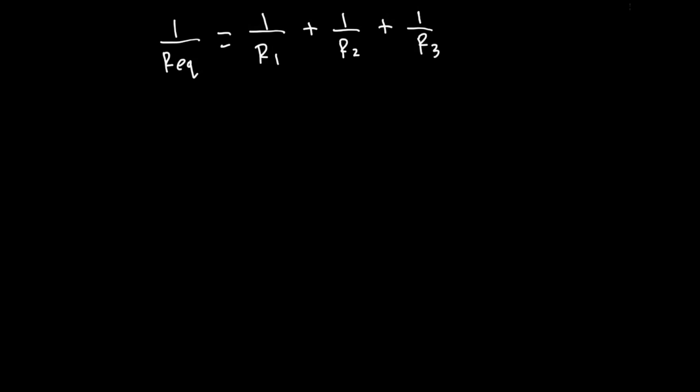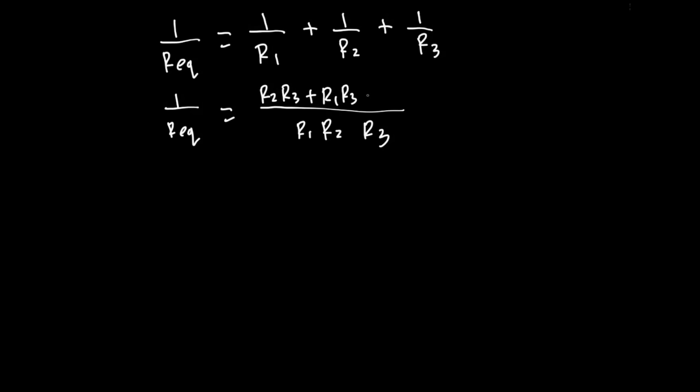Now let's try to make R equivalent the subject of the formula. So 1 over R equivalent is equal to, the LCM will be R1 R2 R3. Then it will be R2 R3 plus R1 R3 plus R1 R2.